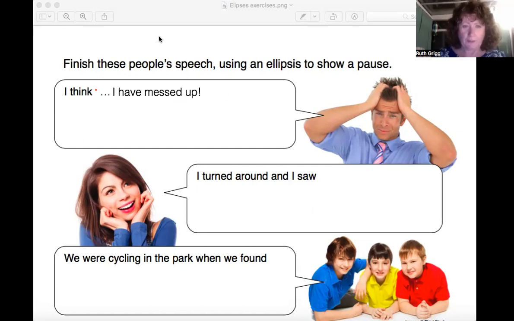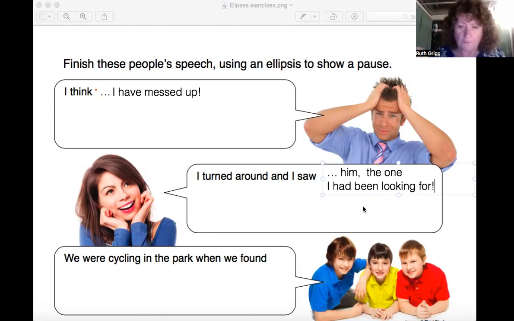So what should we put here? Let's see. I'm going to put this. She looks like she's in love. "I saw..." Let me see if I can move this over. No. "I saw him, the one I had been looking for."